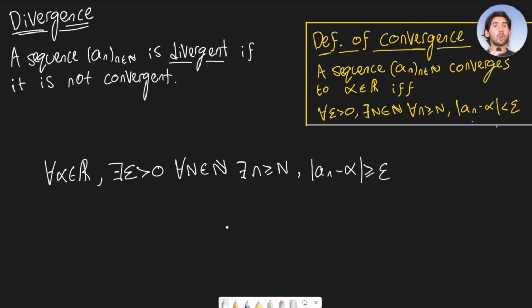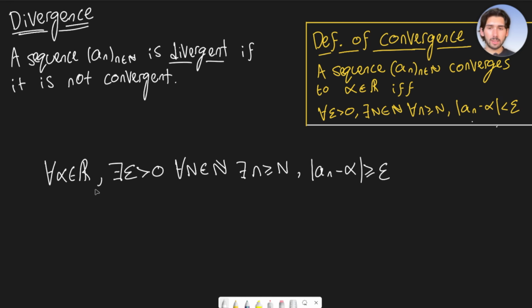Divergence means that a sequence fails to converge to any number. If a sequence doesn't converge to the number 5, but it converges to the number 1, you don't say that it diverges. So we need the following statement to be true for all alpha in the real numbers.